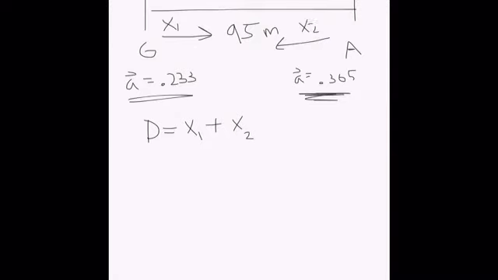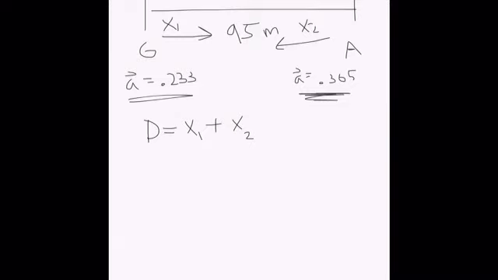So you might notice something, though, and this is really the key to the whole problem, and if you're getting it wrong, this is probably why. You're going to notice that x1 and x2 are actually pointing in opposite directions. And that's very important for this problem. It doesn't really matter which one you pick, but you have to be consistent here. One of them has to be negative.